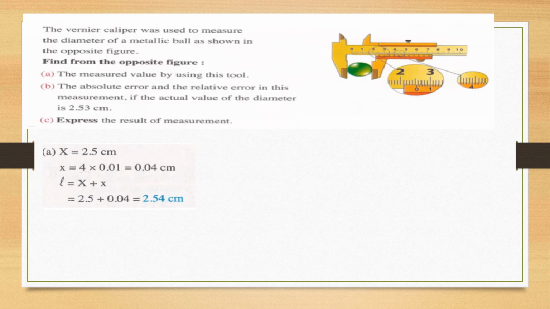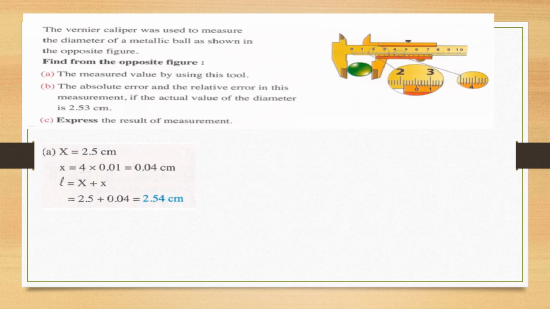Then x equals 4 multiplied by 0.01 equals 0.04 centimeter. After that you add the x on the upper and x on the lower: L equals 2.5 plus 0.04.